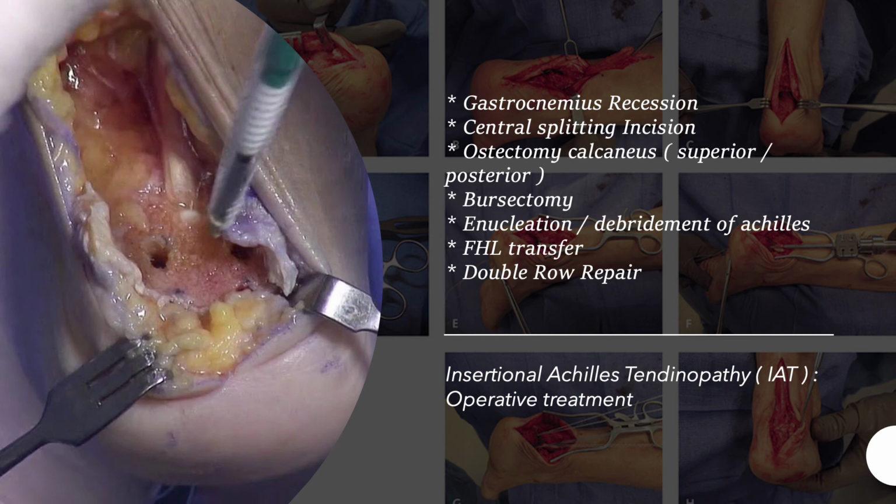I usually can do it in 5 to 10 minutes or so. I do counsel patients ahead of time that this may be necessary and that they will have some weakness at their great toe joint with plantar flexion. And once this is all done, I perform a double row repair like most surgeons do.